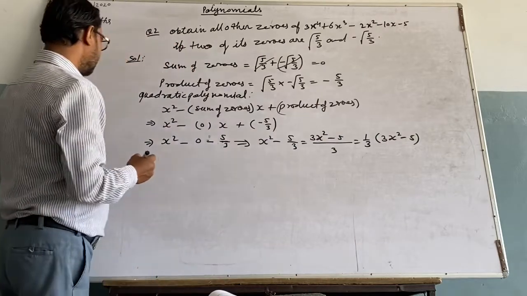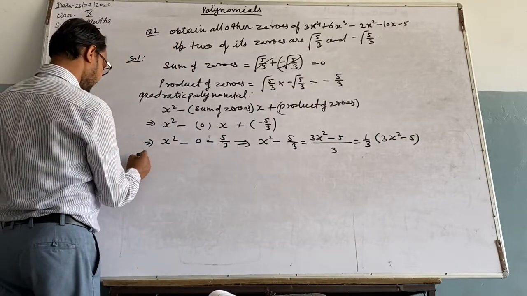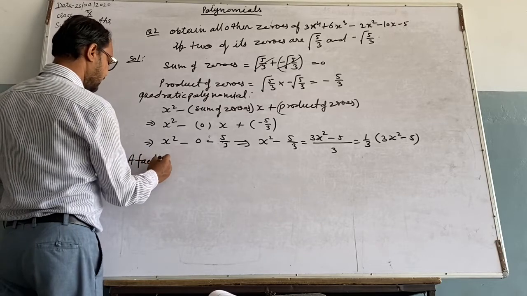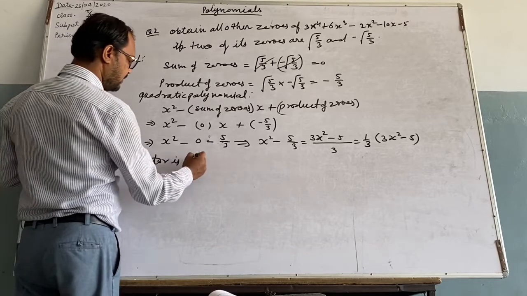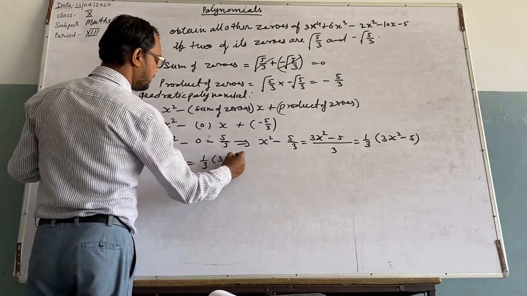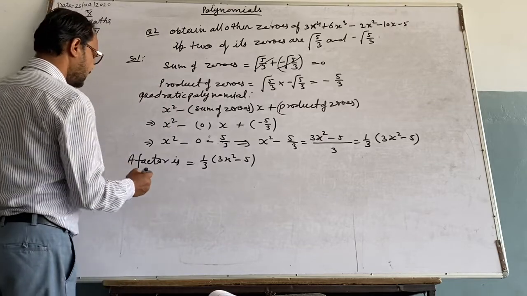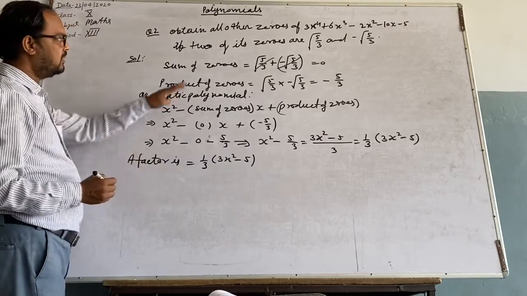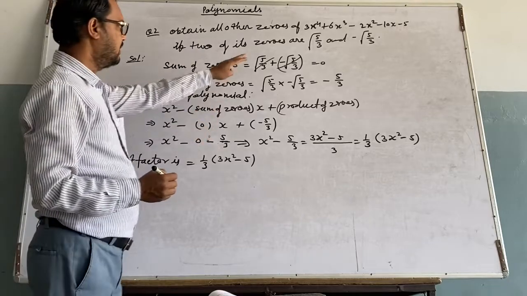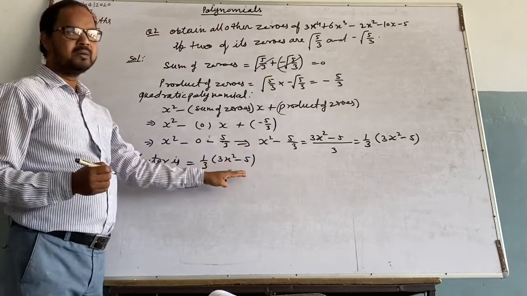So the other factor is 1 upon 3 into 3x square minus 5. This is a factor of the given polynomial.